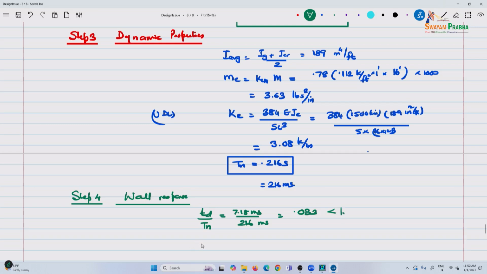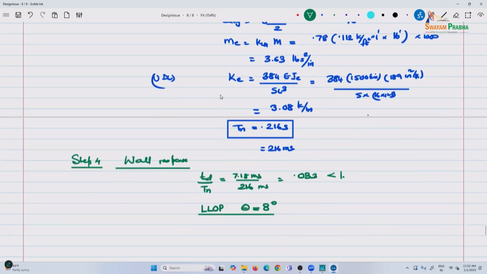Then for a low level of protection, remember, the lower the level of protection, the higher the theta, the higher the allowable support rotation. So we calculate mu, which is KE L divided by 2 times Rn.